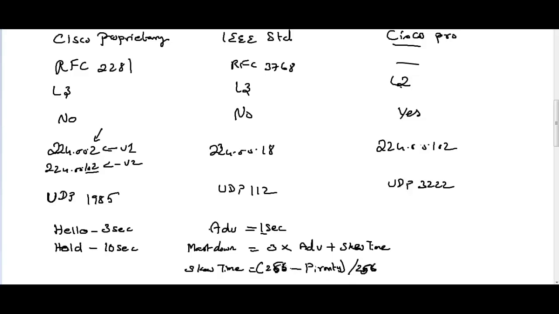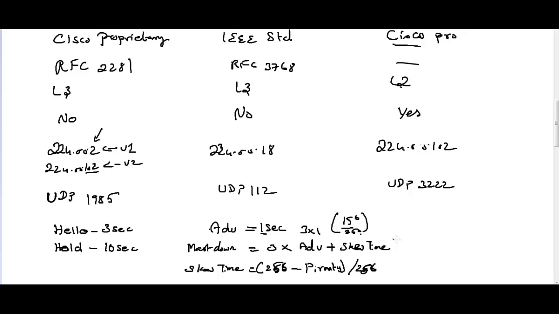Now if you see here, the master down time is 3 times the advertised time, so it is 3 times 1, plus the skew time. Let's say the priority is 100, you get 156 divided by 256.